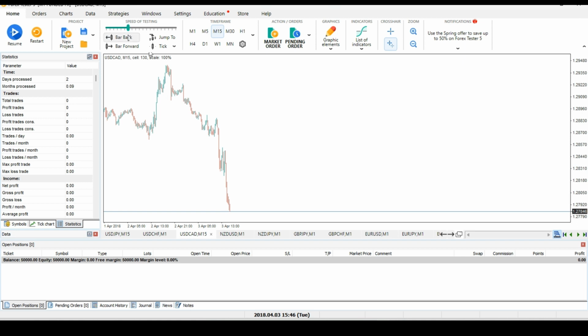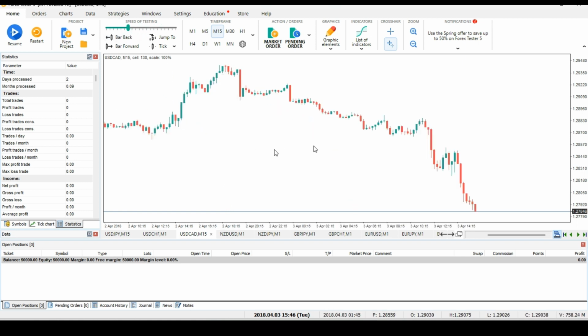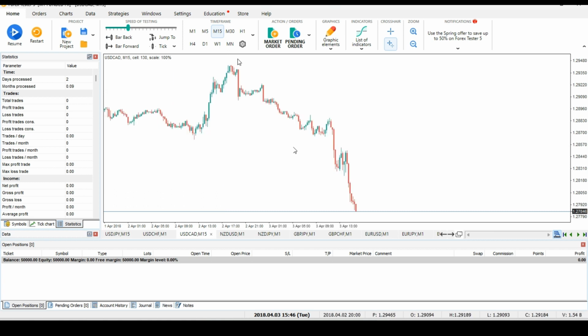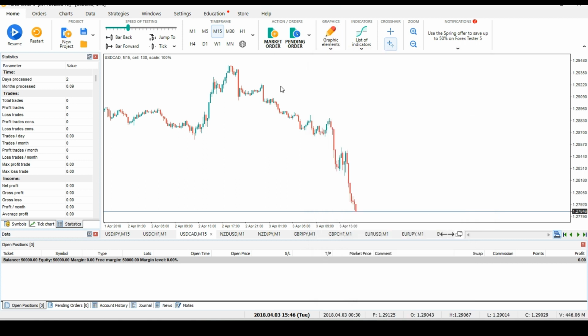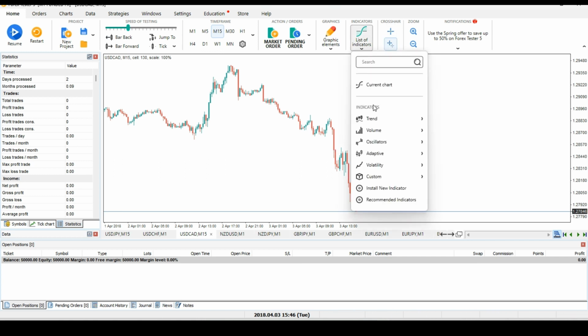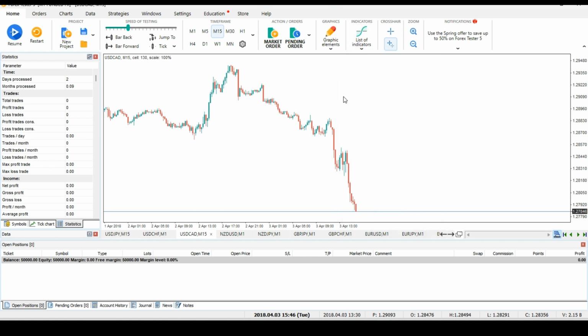Here is where you increase or reduce the speed of the candles coming up, and you have time frames right here where you can choose. Then you can place an order, a market order or pending order, and you have your elements right here to mark your charts and everything else. You've got your zoom in, the cursor, and the list of indicators, if you use indicators.